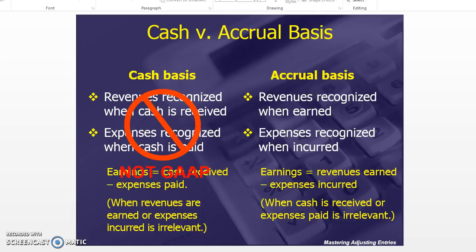As I mentioned already, cash basis is not GAAP, generally accepted accounting principles. So if you are obligated, if you're a publicly held company, then you are forced to use the accrual basis of accounting. However, even if you're not publicly held, many companies adhere to the accrual basis of accounting. So you really, as bookkeepers, will need to know both methods.